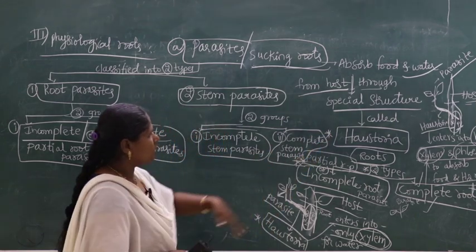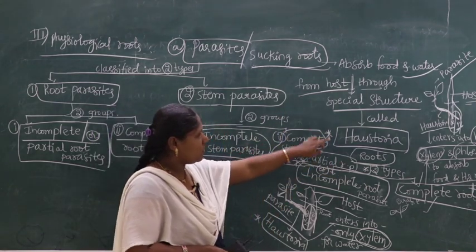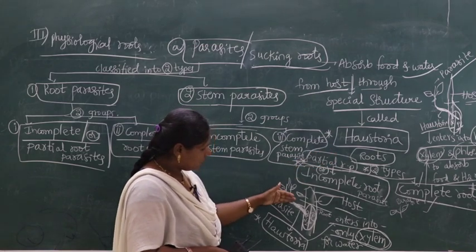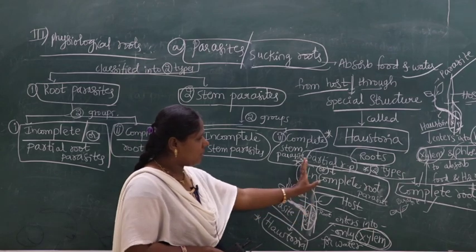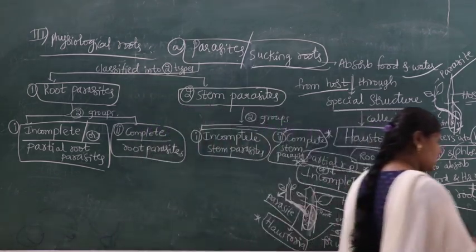I hope you got the story of this completely. You know what Haustoria is: the structure which enters into xylem is called Haustoria, right? And you know incomplete and complete. I am just erasing this.